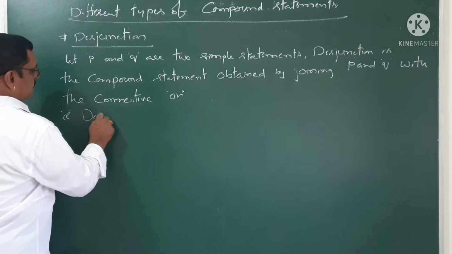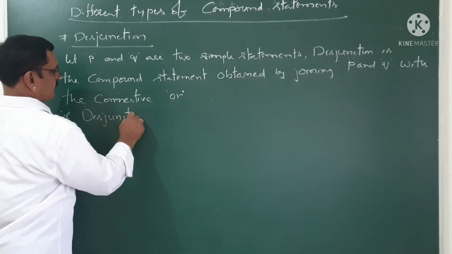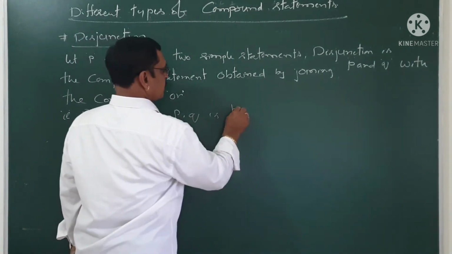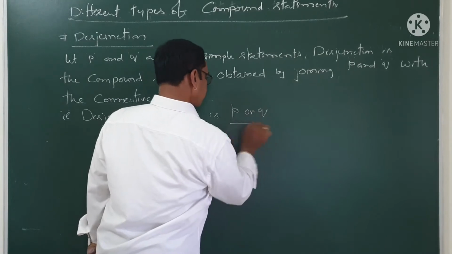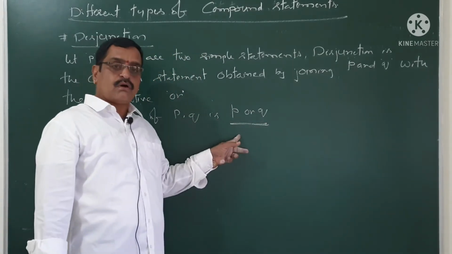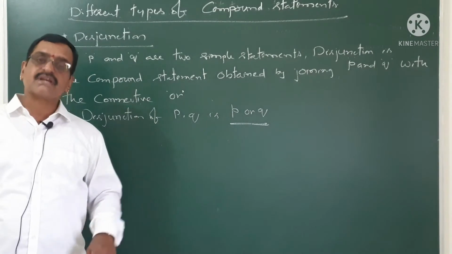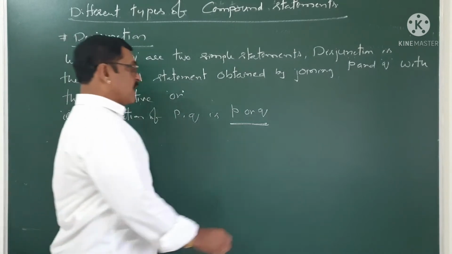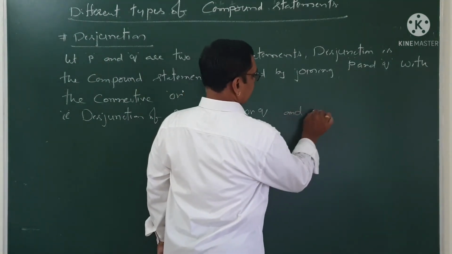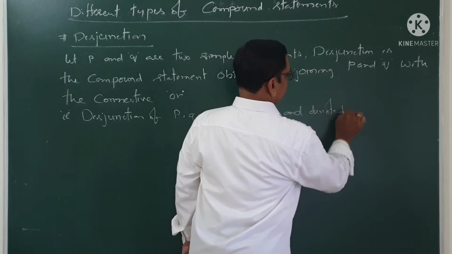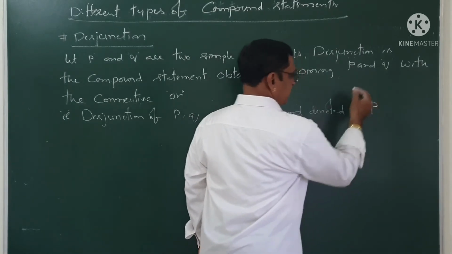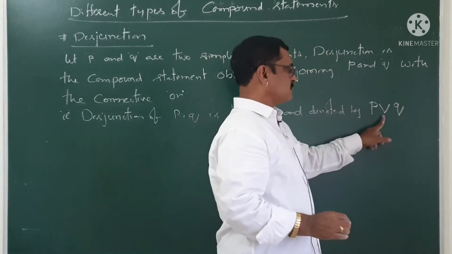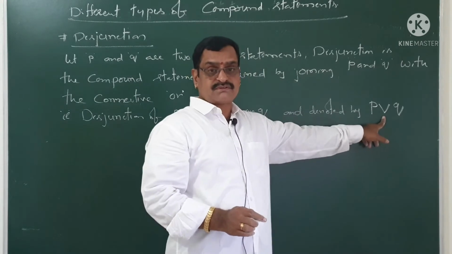The disjunction of P, Q is P or Q. This P or Q is called the disjunction, or compound statement, of P and Q, and is denoted by P cup Q. P cup Q is the symbol.